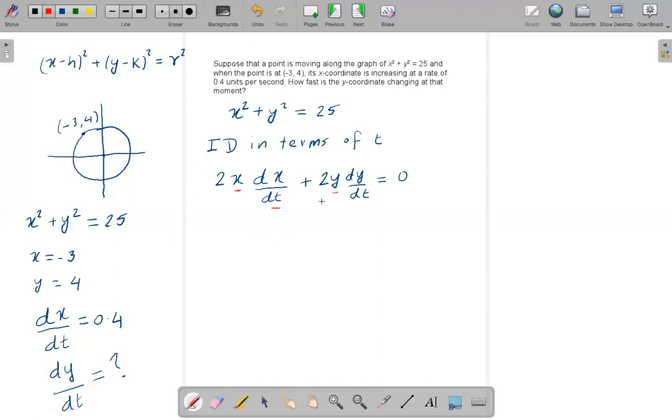So now 2 times x, which is negative 3, times dx over dt, which is 0.4, plus 2 times y, which is 4, times dy over dt, which we don't know. We need to find the value of this; it equals 0.